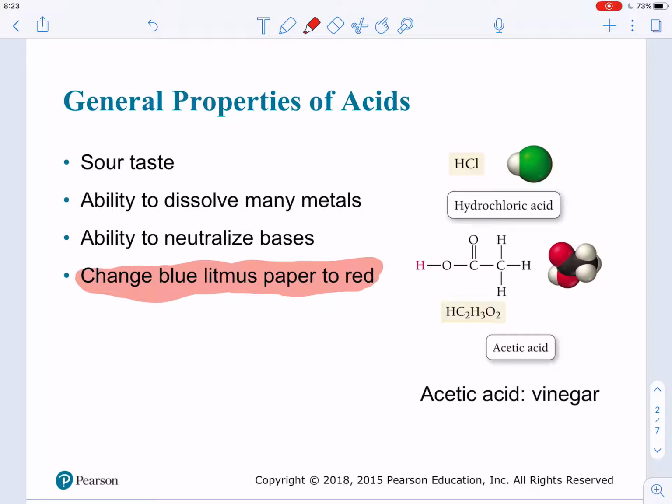So back in the day, one method used to identify whether you were in the presence of an acid material or a basic material was this. The ability of changing the blue litmus paper to red was a characteristic of an acid. Is that still being used? Yes and no. There are more sophisticated ways to determine whether a substance is an acid or a base.